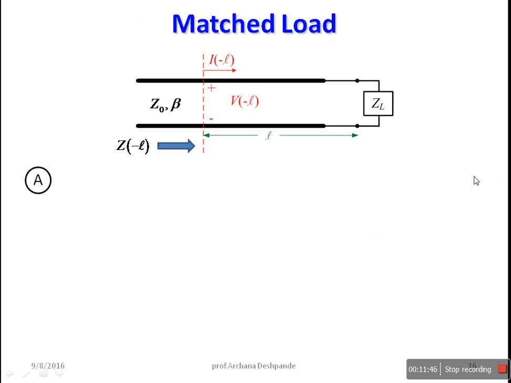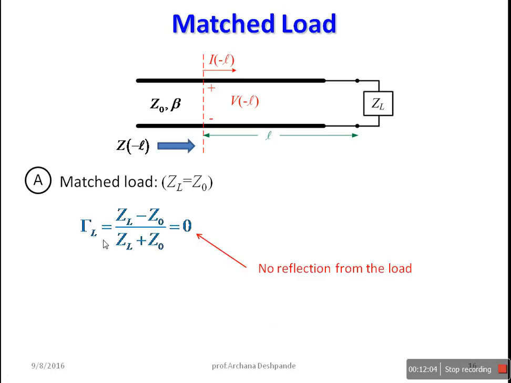The next special case is the matched load. Matched load means the transmission line is terminated with a load which is equal to Z0. So my next condition is matched load, that is, ZL is equal to Z0. That means the impedances are matched with each other. If I substitute in the formula tau L equal to ZL minus Z0 upon ZL plus Z0, I get tau L equal to 0, that is, no reflections from the load.